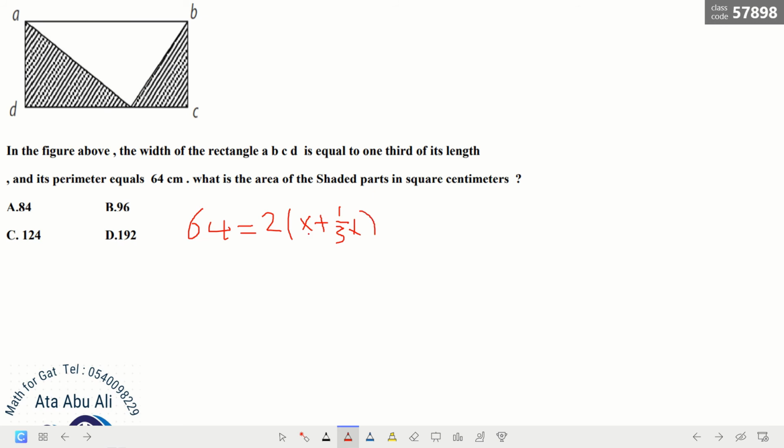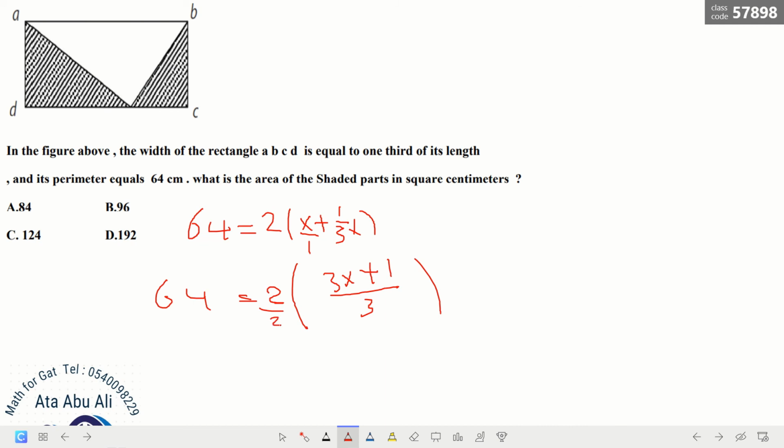Now if I unify the denominators, I put here 1, so you can cross multiply. It becomes 3x plus 1 over 3, all of this times 2, equal to 64.